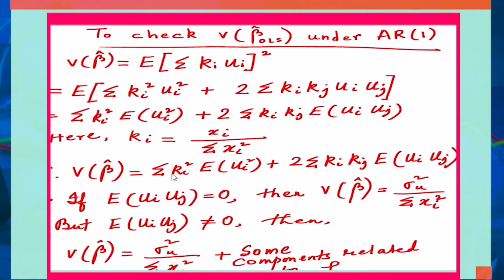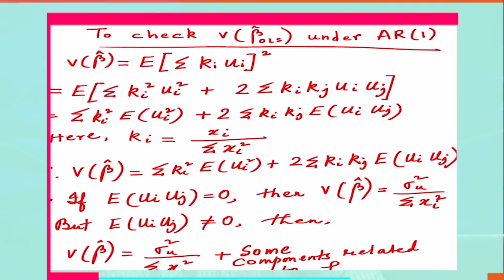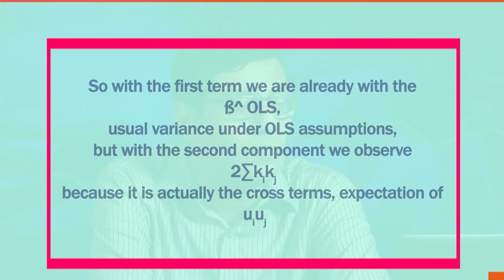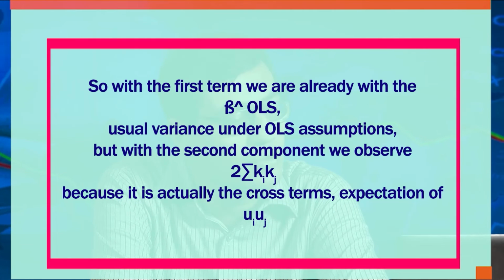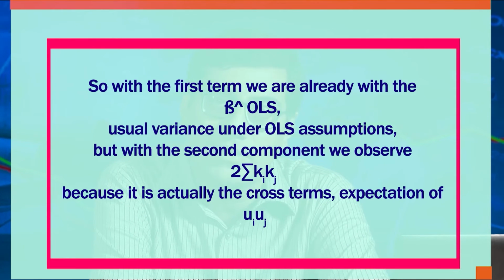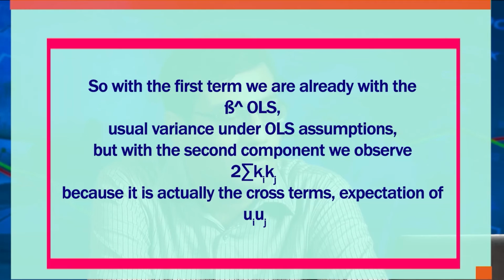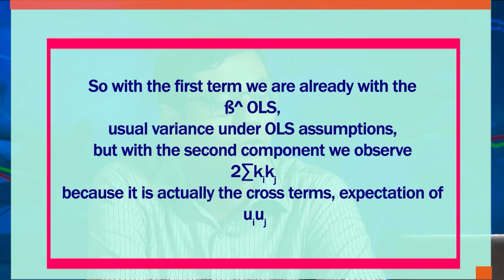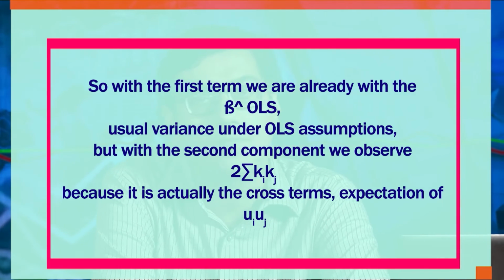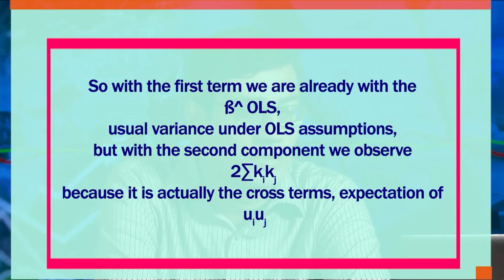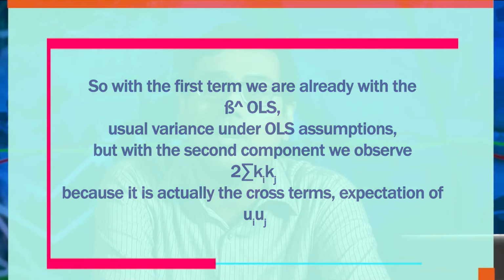So we have the own terms like ki square, ui square, and also the cross terms, which are very important here because the cross term shows the correlation among the errors of different time periods, where i and j are not equal. So with the first term, we already have the usual variance of beta hat OLS under OLS assumptions. But with the second component, we observe 2 summation ki kj, because it is actually the cross terms, expectation of ui uj.